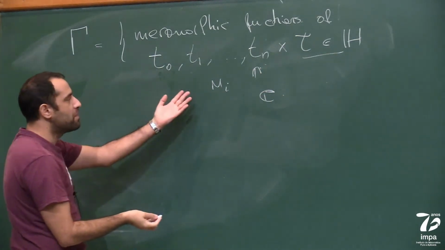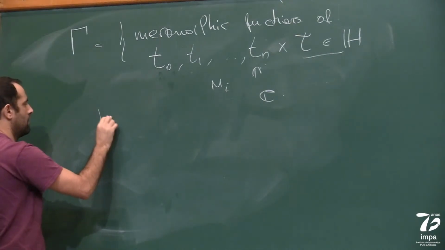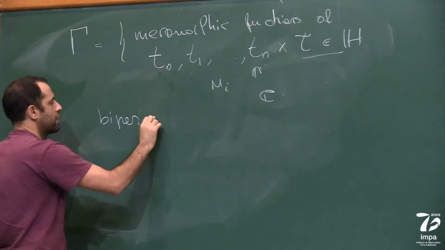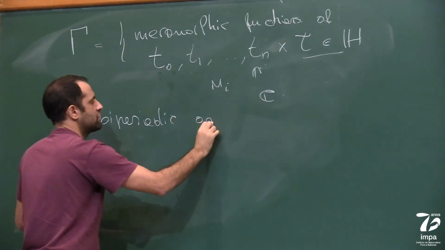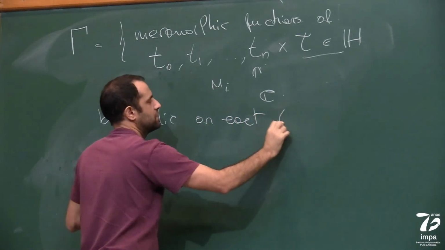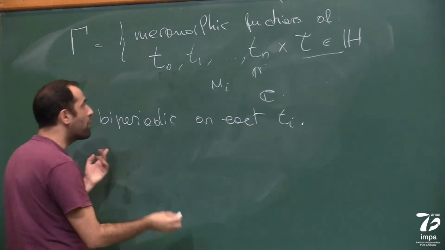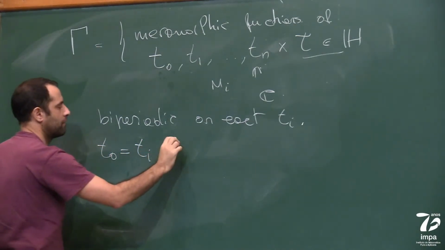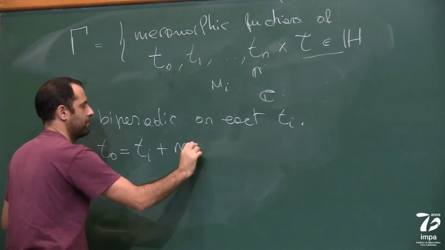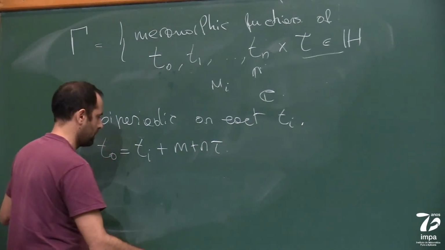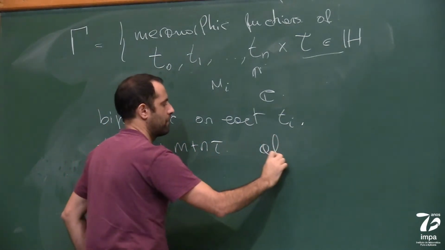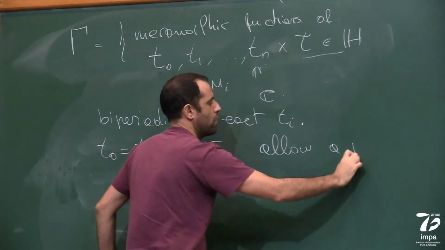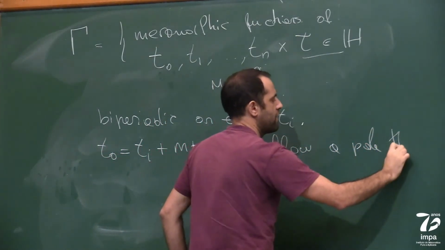And they should be biperiodic on each ti, and allowing singularities at t0 equal to ti plus m plus n tau. So I allow a pole there.